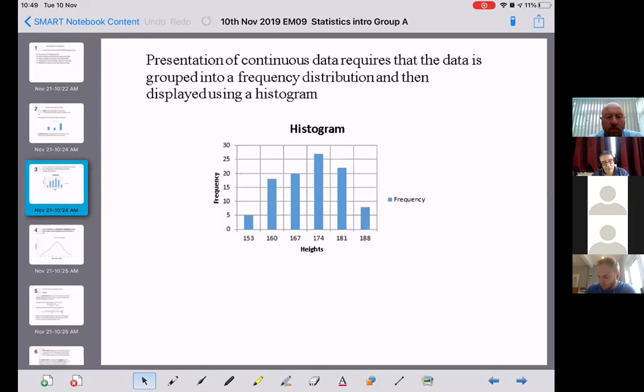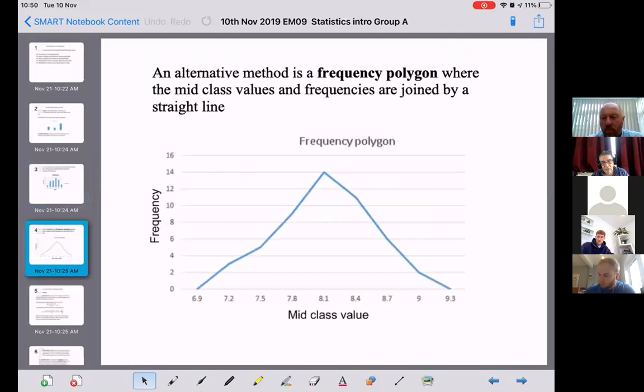The other way of indicating or graphing mid-class frequencies is to take the mid-classes, indicate points on the graph, and join the dots together. So you create what's called a frequency polygon.